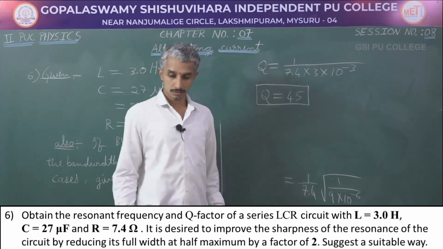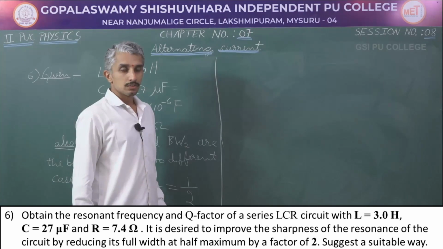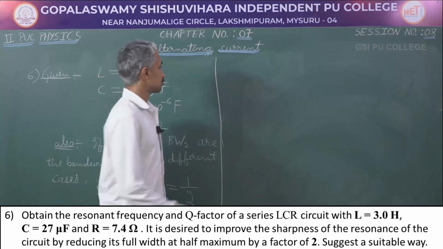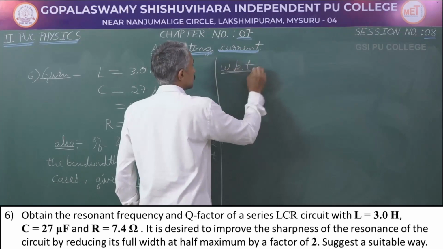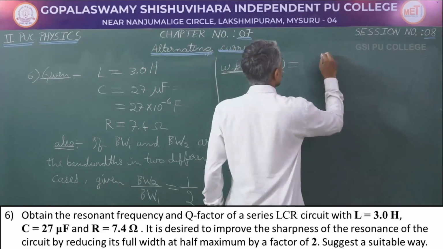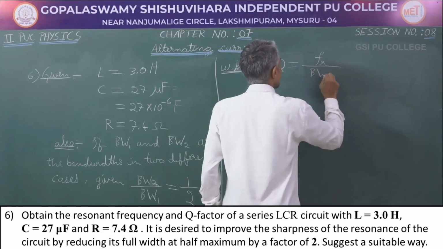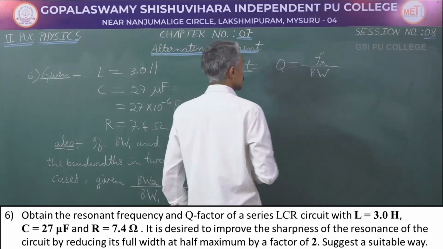So, let us continue. We will take the equations for quality factor. We will consider two equations. We know that quality factor is given by the resonant frequency divided by bandwidth.